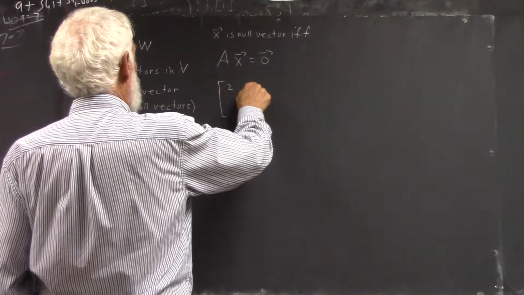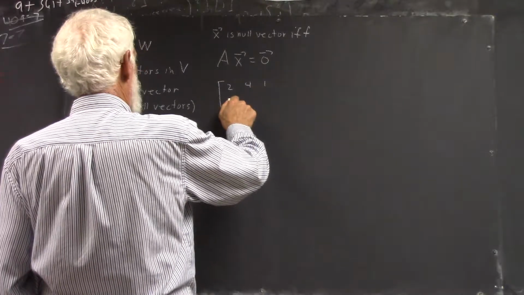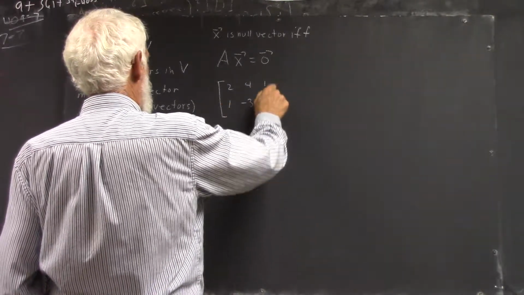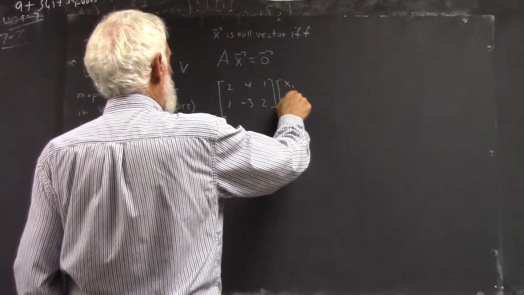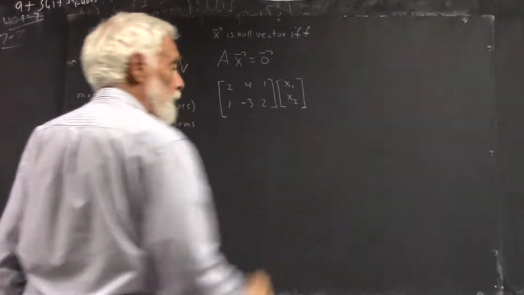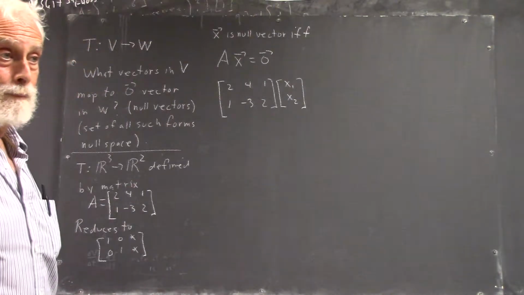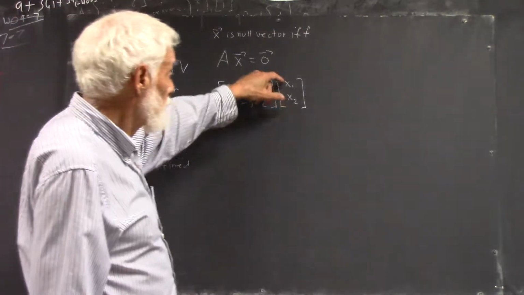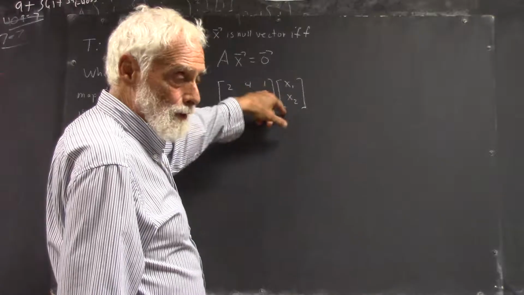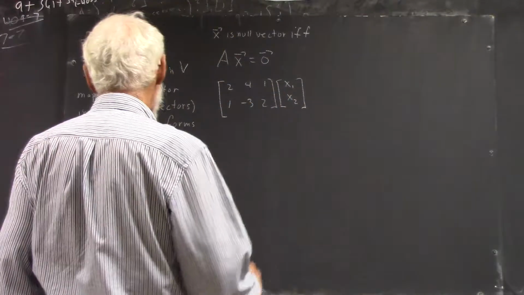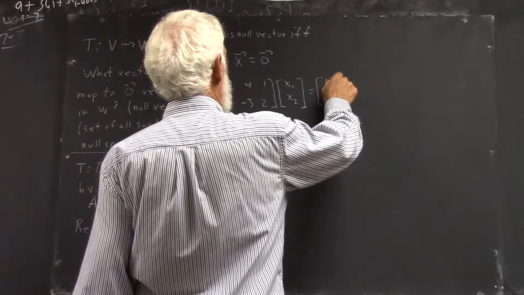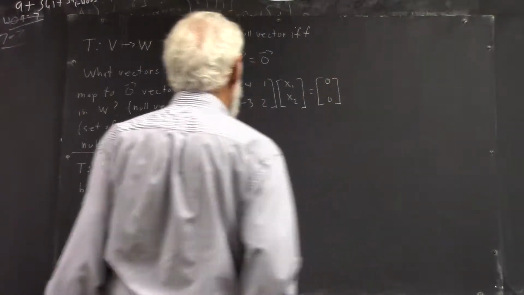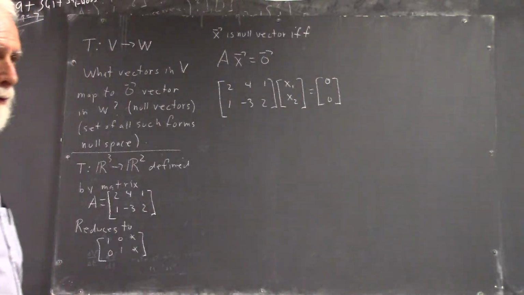We have 2, 4, 1, 1, -3, 2, multiplied by x, which I'll designate now by column vector x1, x2, where x is a vector, x1 and x2 are the numbers that make it up. That equals 0, 0.